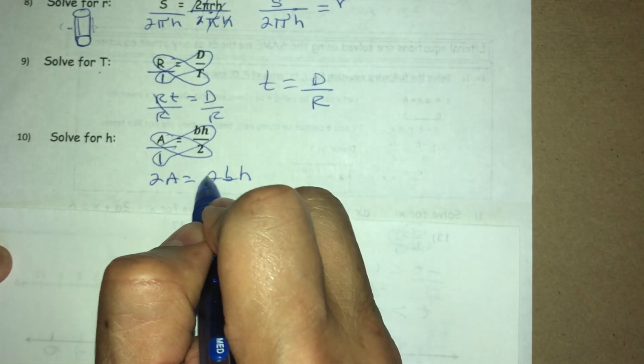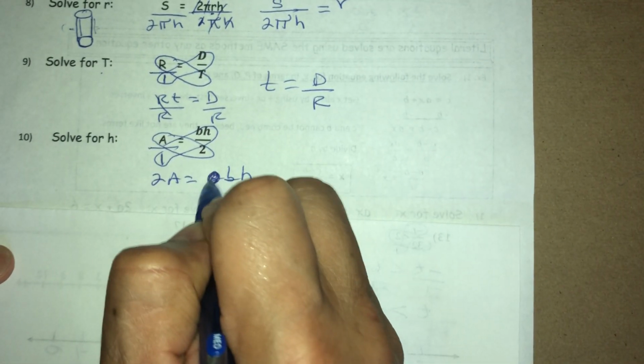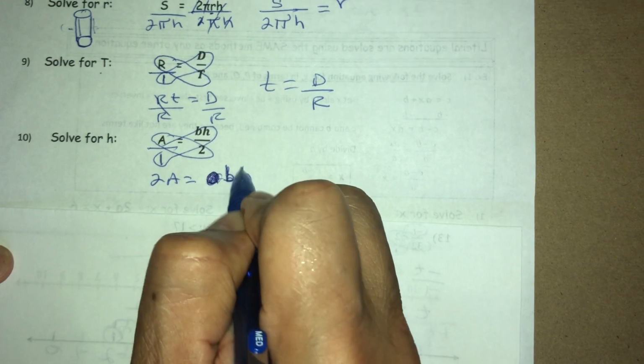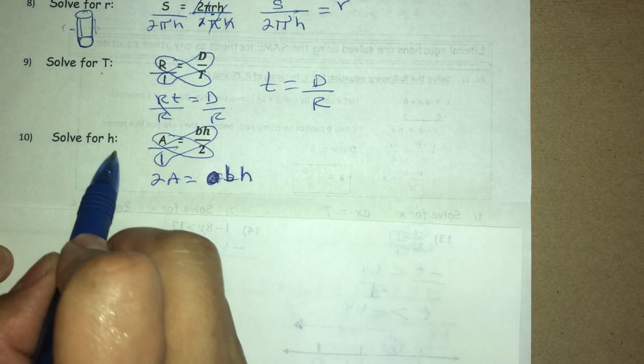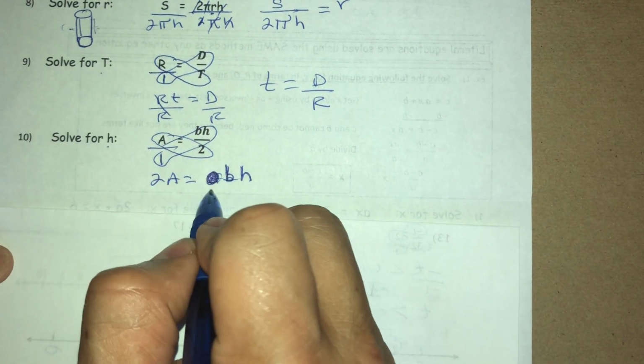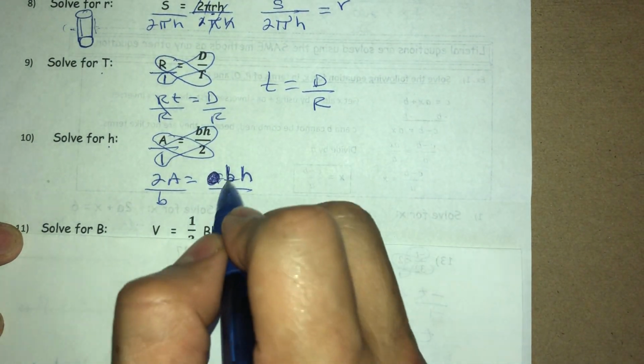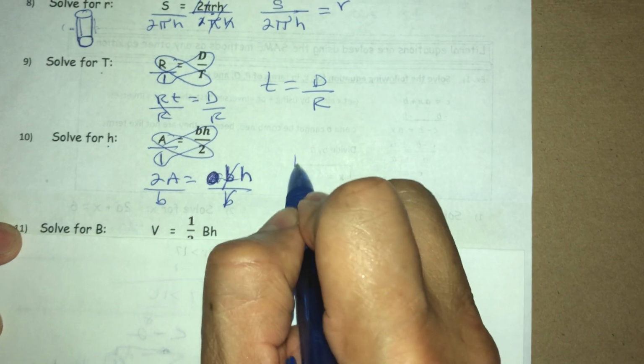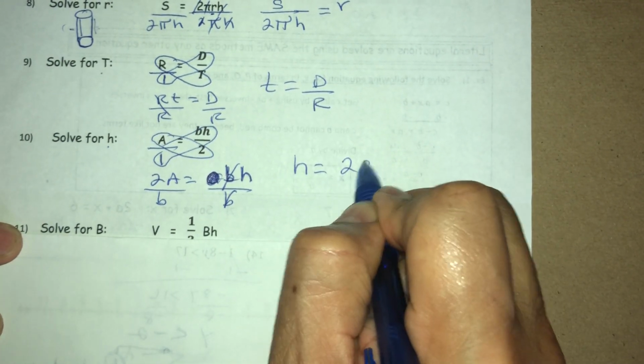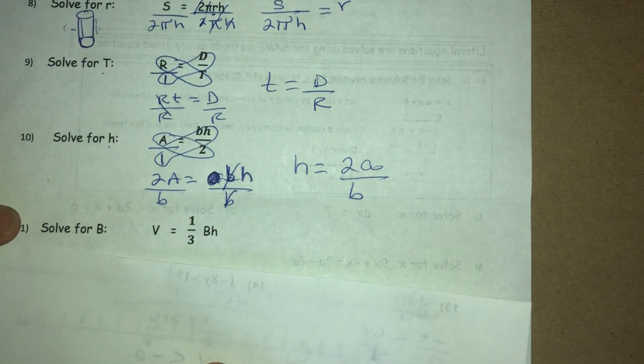I'm sorry, my bad, the 2 doesn't go here. Forgive me. Just equals bh. But now, because I need to leave the h alone, I'm going to divide both sides by b. So my b cancels out. So my answer should be h equal to a over b.